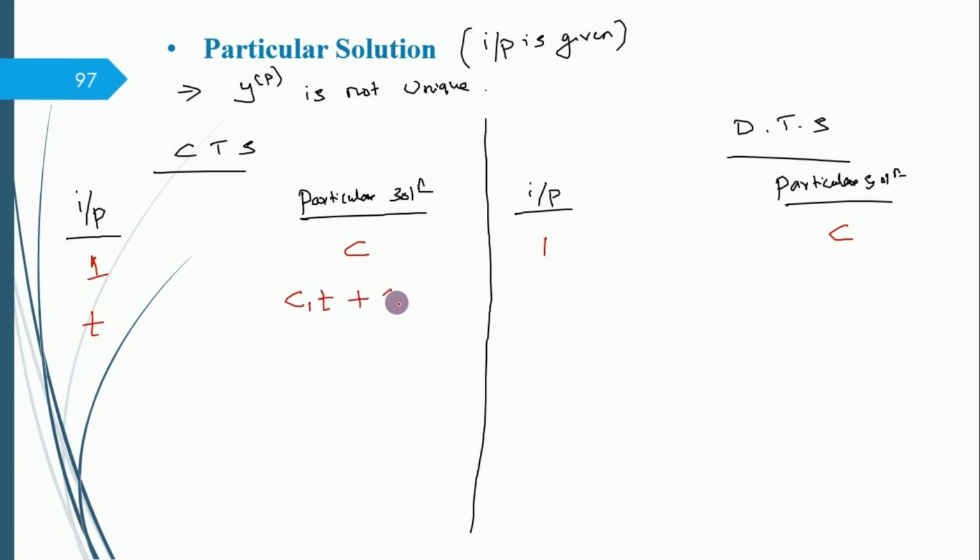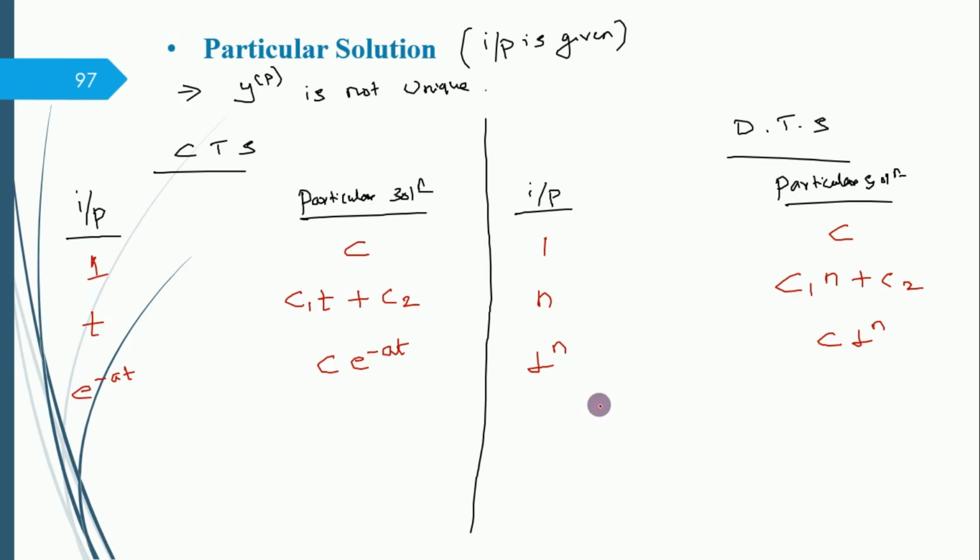Similarly here, if the input is of the form n, the particular solution is C1 n plus C2. If the input is exponential e raised to minus at, then the particular solution is of the form c into e raised to minus at. Here, if the input is of the form alpha raised to n, alpha being any constant, then c into alpha raised to n is the particular solution.